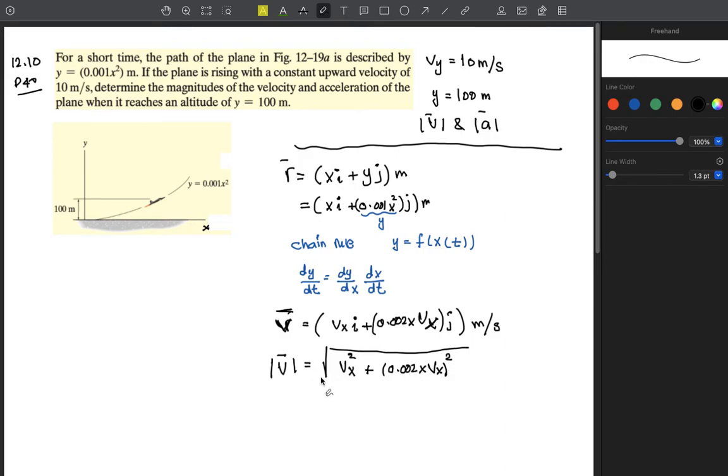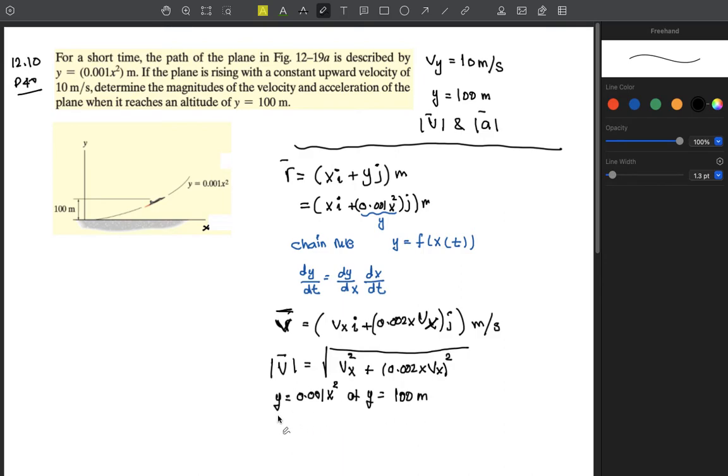Alright, so now we carry on. We're not done yet. Now we know that y is a function of x, so that y equals 0.001 x squared, where at y equals 100 meters. The question is asking us to find whatever values at y of 100 meters.